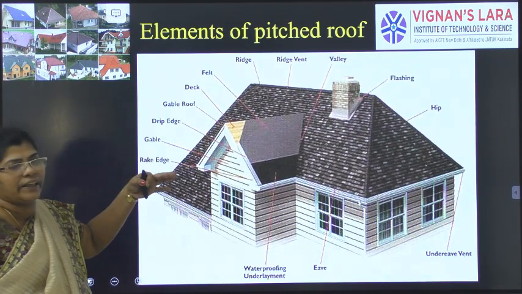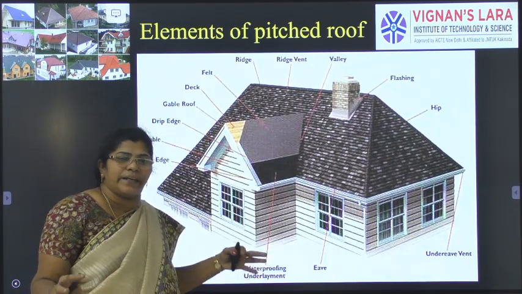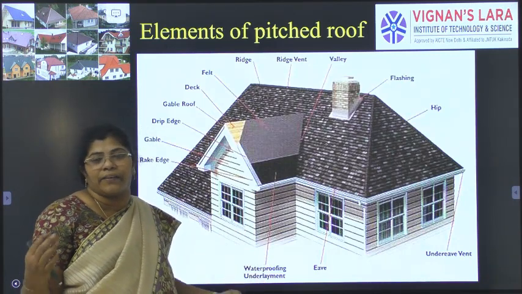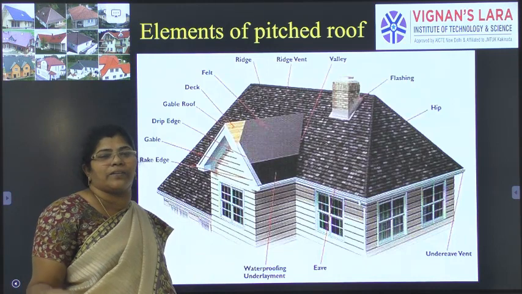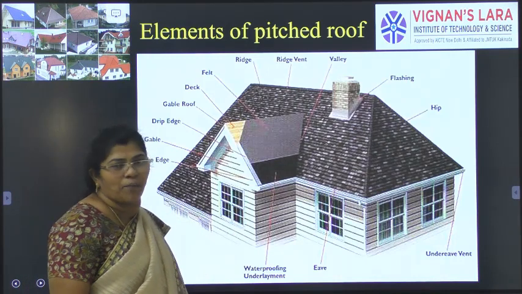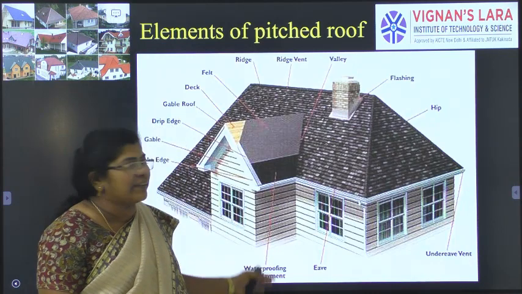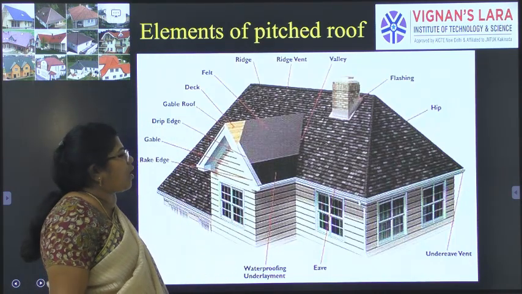This is a very common type of building in snowy areas like England or the very northern countries. You can see this type of building is very common, or in hilly areas, if you go to Ooty or Kodaikanal, you can see this type of building very common.